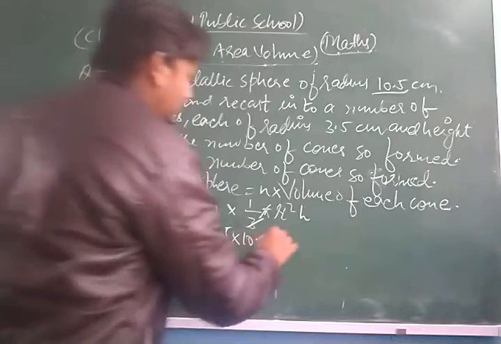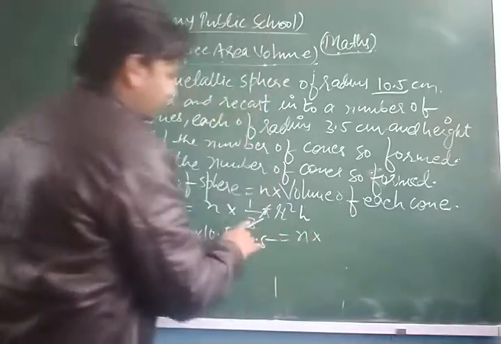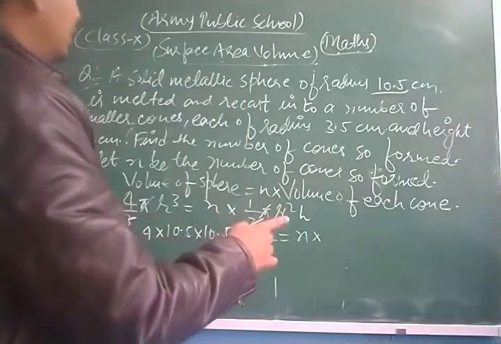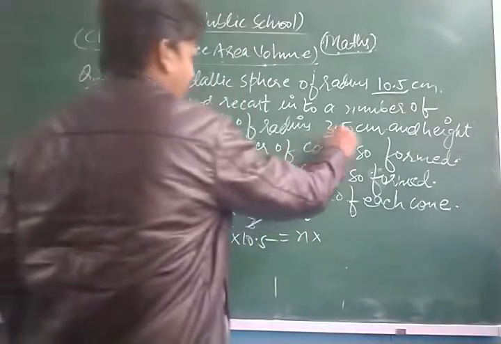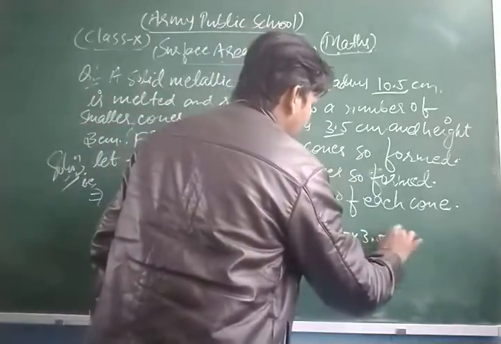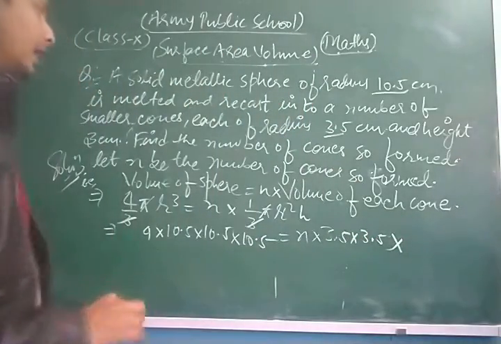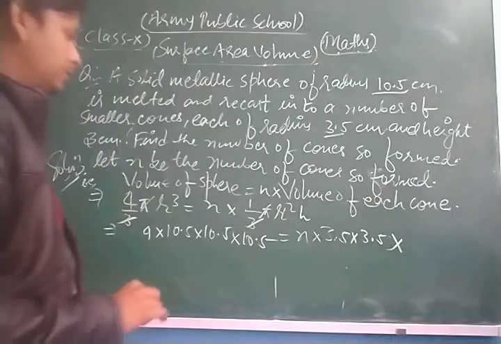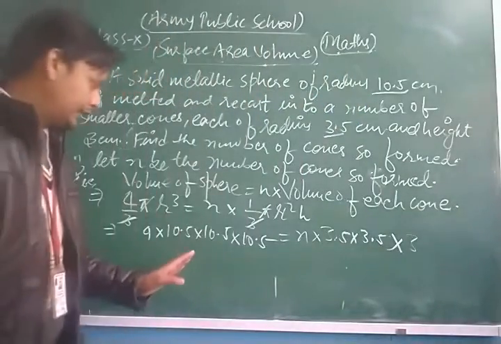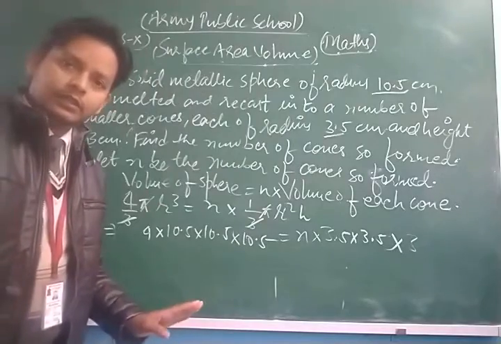equal to n into r dash square into h. Here r dash is the radius of each cone, 3.5, so 3.5 into 3.5, and h is the height of the cone, which is 3 centimeter. So here we put 3. Now we simplify that relation.